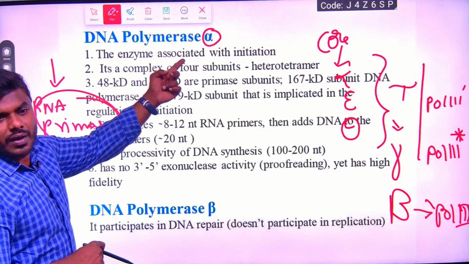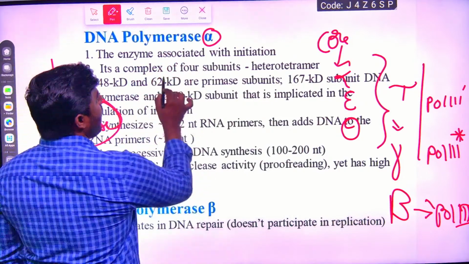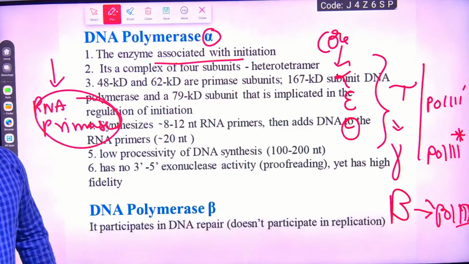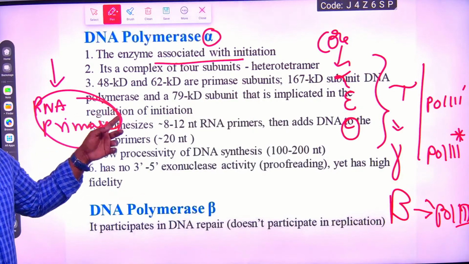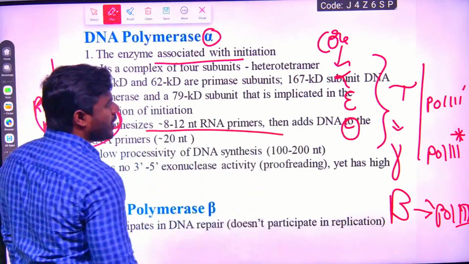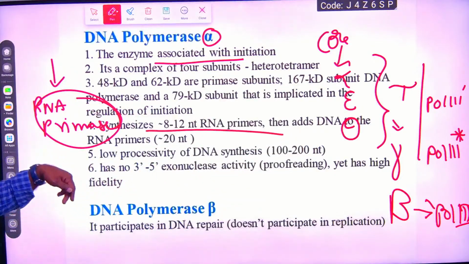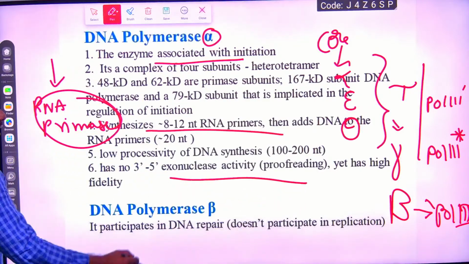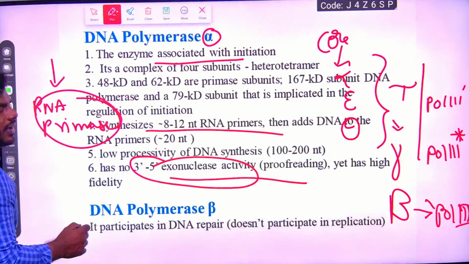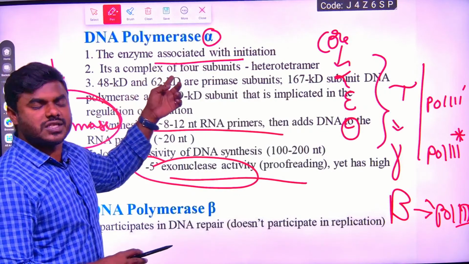DNA polymerase alpha adds the primer, and as I told you, upon addition of the primer it starts adding the nucleotides also, but it cannot add the nucleotides continuously because of its low processivity. Low processivity and no proofreading, that's the reason we cannot call it the principal enzyme.